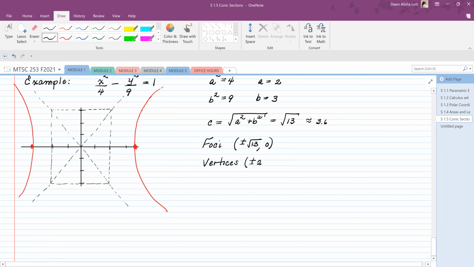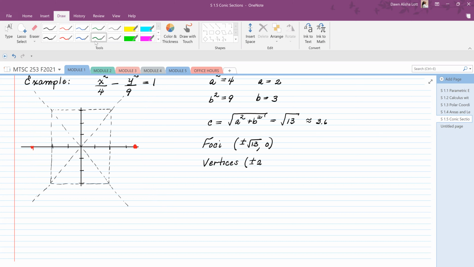Okay, that's why that's wrong. I couldn't figure out why this was wrong. That's just where the focus is. That is not where the hyperbola is. That's where the focus is. The hyperbola, the vertex is here. That's why I was feeling like that was not right. Okay, so now this is the curve.